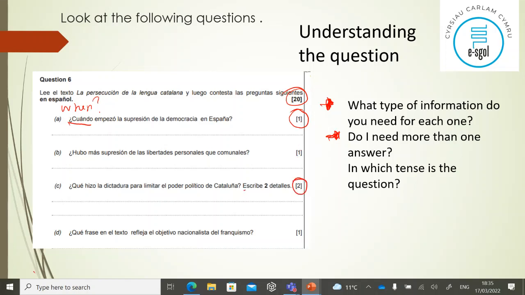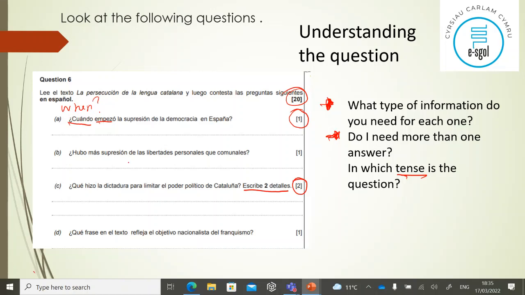So you need to write dos detalles, 2 details. In which tense is the question? That's important because you might want to use the same tense in your answers. So you want to use that again, la supresión de la democracia en España empezó when.